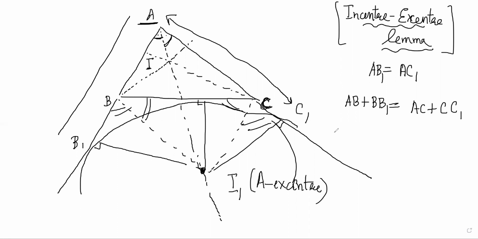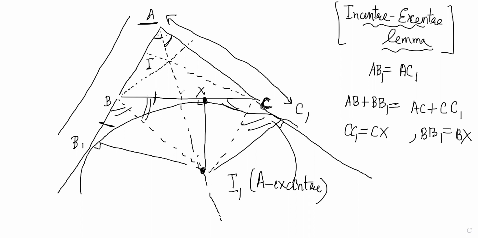And if you label this point of tangency as X, then you know that CC1 is equal to CX and BB1 is equal to BX, because these are tangents from B and C to the same circle.